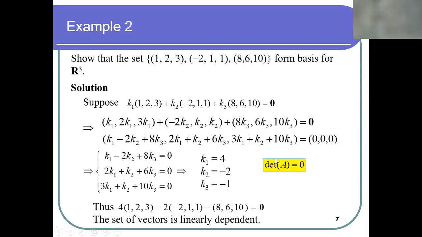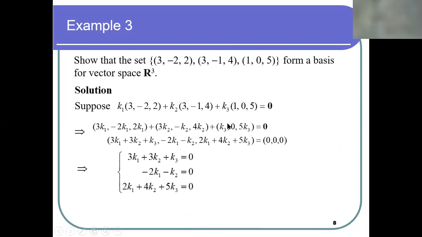If the determinant of any set which is a subset of R3 is zero, then you can say the vectors given in this set or any subset of R3 are linearly dependent.